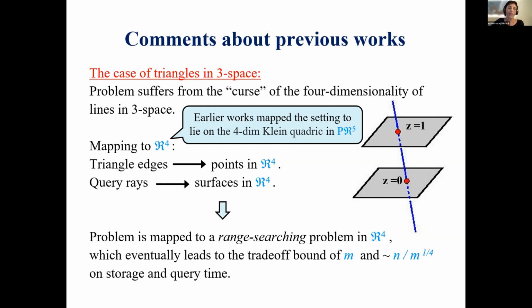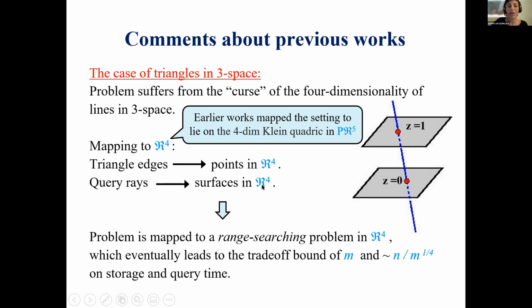And based on that, and based on several other standard considerations like the orientation test, we can map this problem to R4, where triangle edges are mapped to points in 4 space and query rays are mapped to surfaces in 4 space.